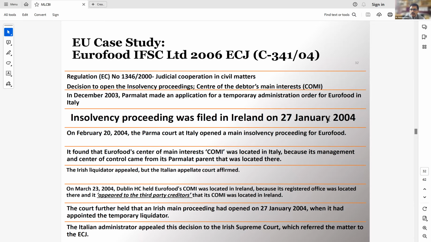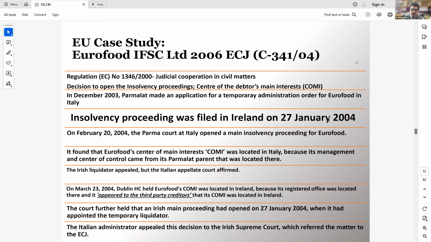So there will be a moratorium. So he wanted that, okay, now this Eurofood is under insolvency and there is a moratorium, and I am the administrator, so kindly recognize and enforce this order of the Irish court. The Italian court did not recognize.